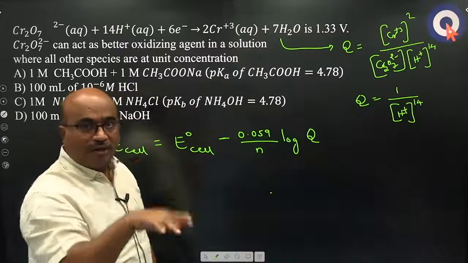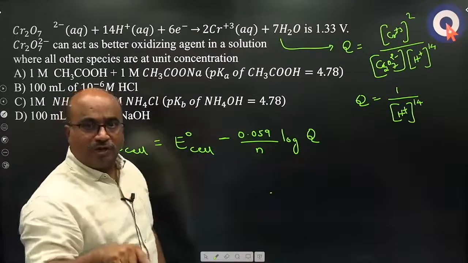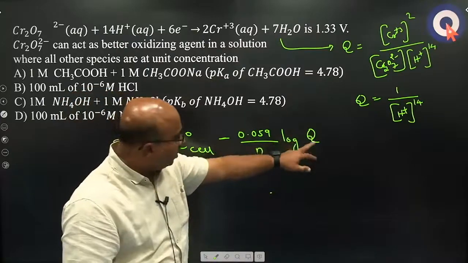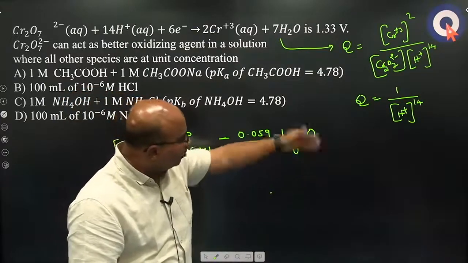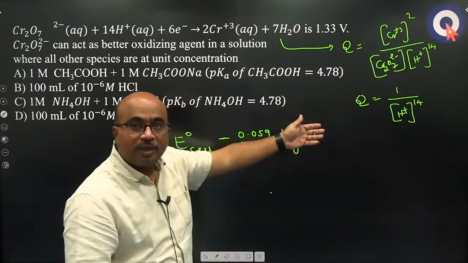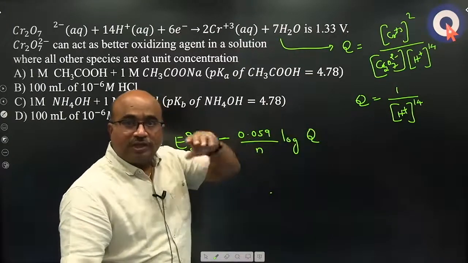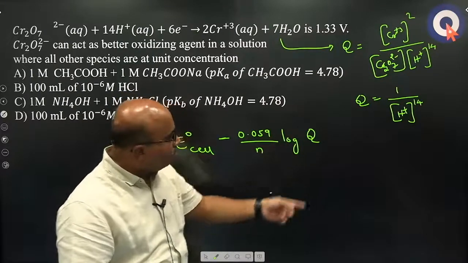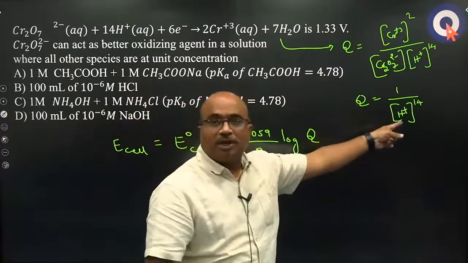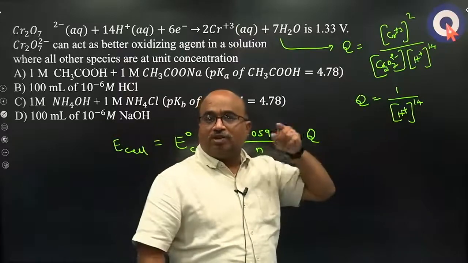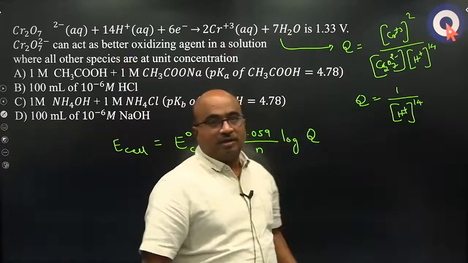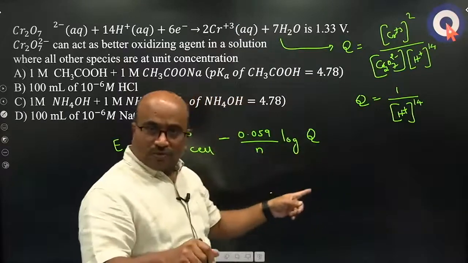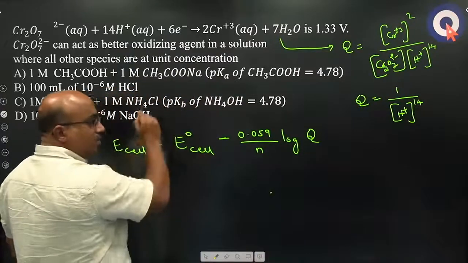So when the Q value is low, that is when the H+ concentration is high. If the H+ concentration is low, it comes to the numerator and becomes positive, so don't look only at the H+ concentration. If the Q value has to be low, this denominator has to become high. So when the H+ concentration is high, the Q value becomes low, then the potential will increase.